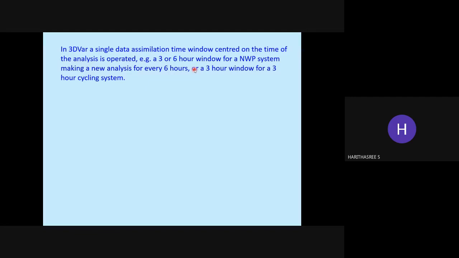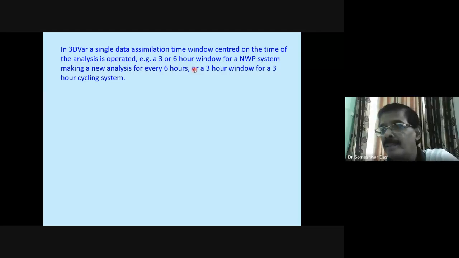Sir, if you are making a prediction for some time, for example 00 UTC, then we take the observations from some time before. It is usually 3 or 6 hours. That's right. When you are doing the analysis at 00 UTC, all observations of 00 UTC will not reach at 00 UTC itself.